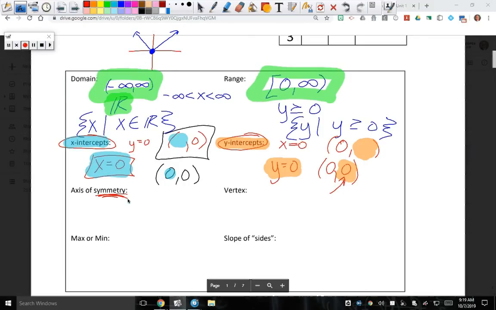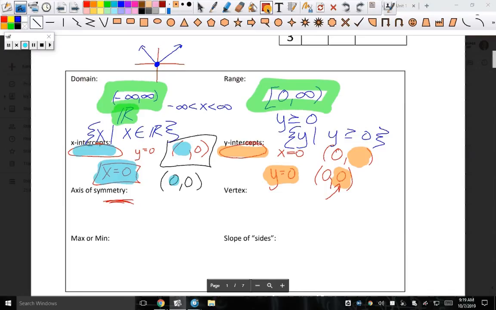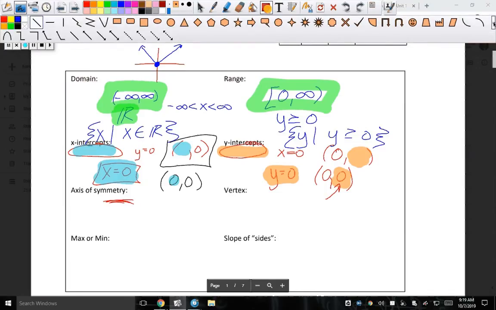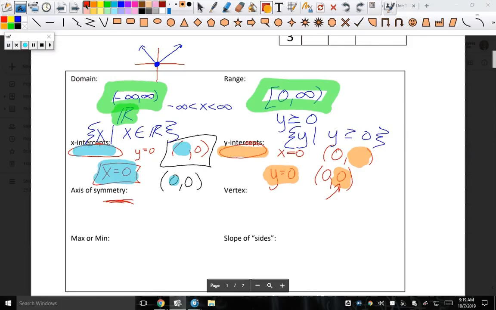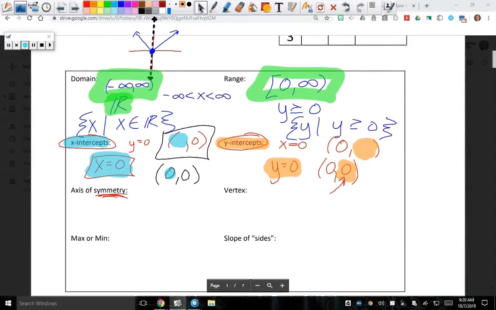Is it like the straight line that can cut it? Yeah, perfect. That's the axis of symmetry. So the axis of symmetry is going to cut this line perfectly in half, and it's going to do it in a vertical way, where it looks like that right there. There's your axis of symmetry.